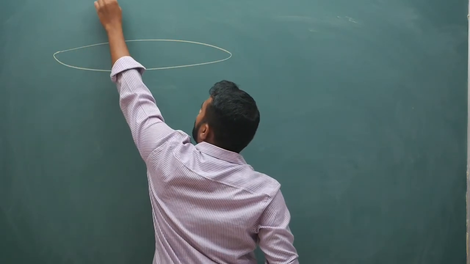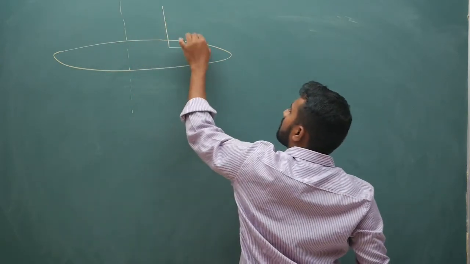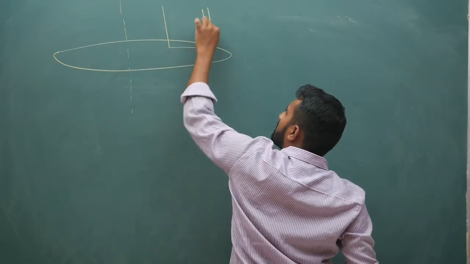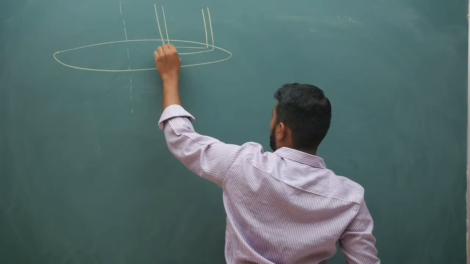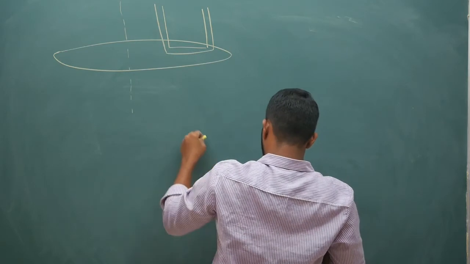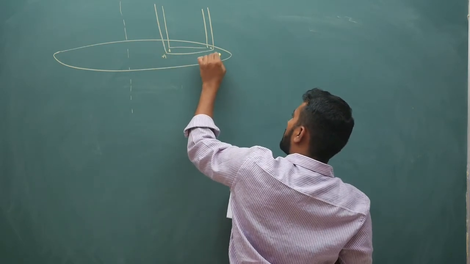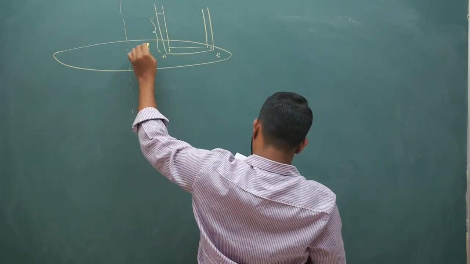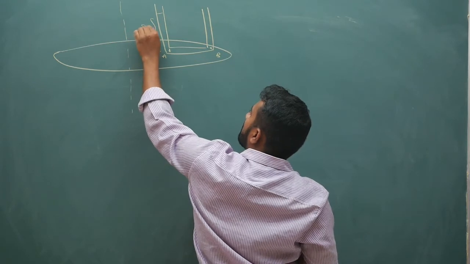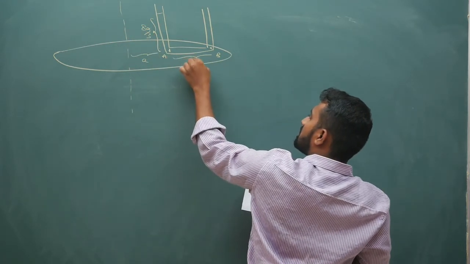You have a U-shaped tube on a disc and the disc is rotating. And till here this is point A, this is point B. This height is 8a by 3, this distance is a, this distance is 2a.